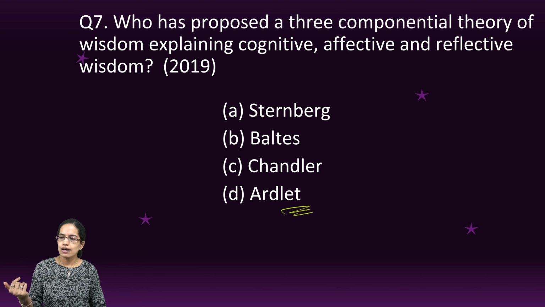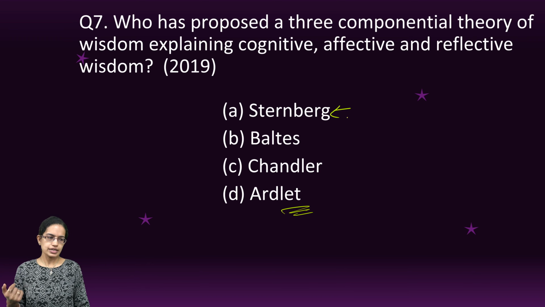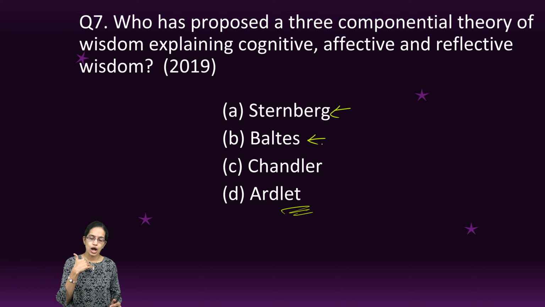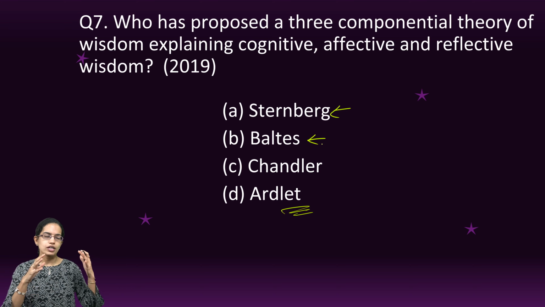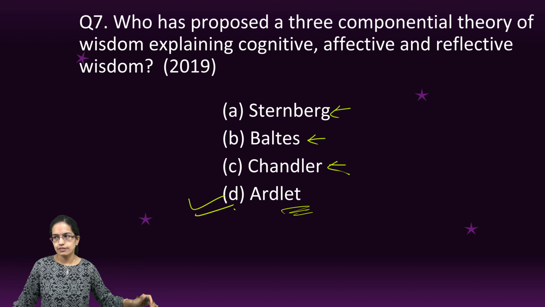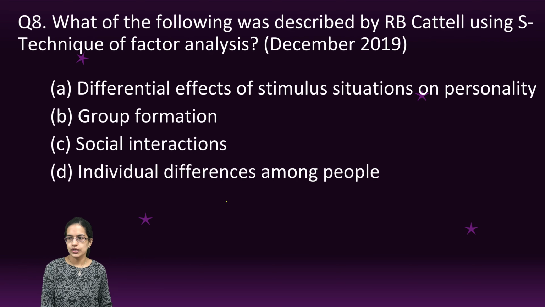Again, you have Sternberg, who gave the intelligence theory. Baltes gave the lifespan development, so how development occurs in various phases. Chandler talked about strategic management. So all these three we have understood, the various aspects under which they have propounded their theories before.